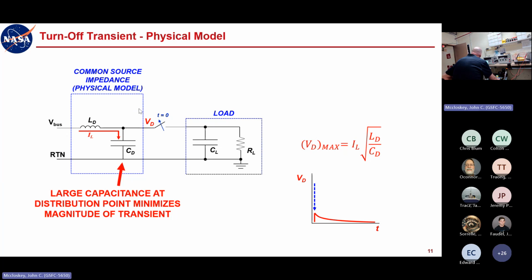Say the area of your building where your office is, all those electrical outlets in that room are probably ganged together. So that common source impedance consists of that long set of wires going back to the distribution point. You have no idea how long it is, tens of meters, maybe 100 meters or more.